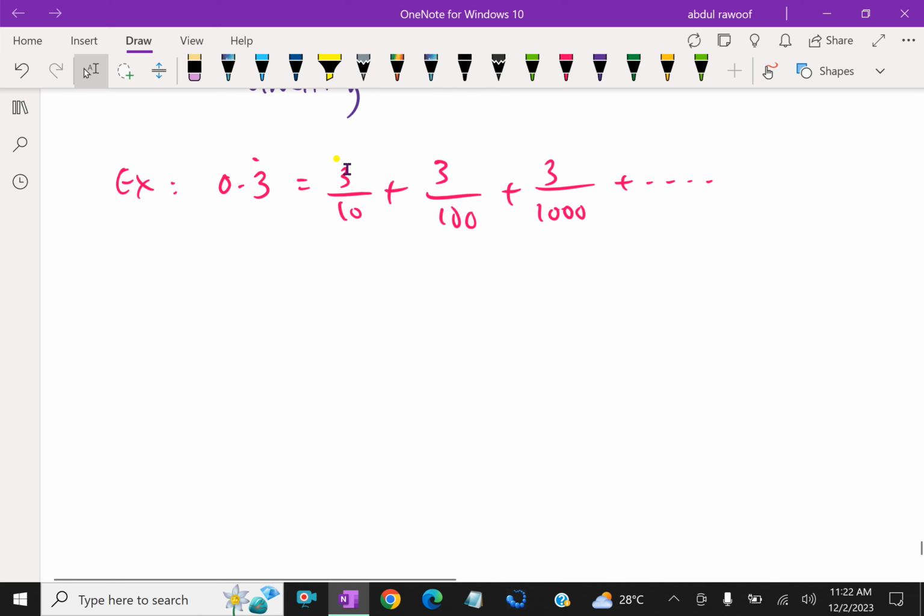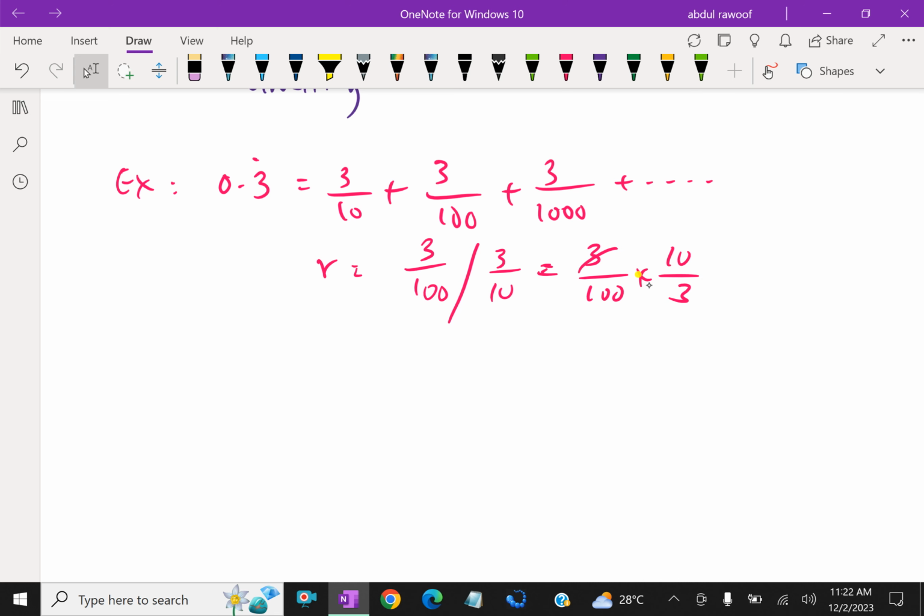Here u1 is 3 over 10 and the common ratio is 1 over 10, because 3 over 100 divided by 3 over 10 is 3 over 100 into 10 over 3, which is 1 over 10.